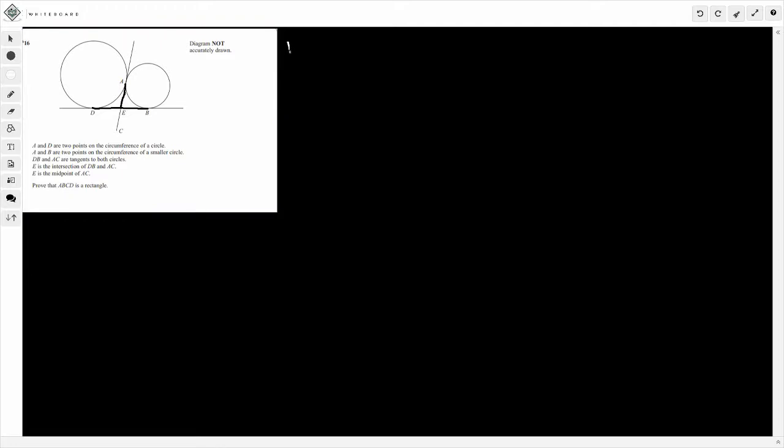Well, we know DE is equal to AE. That's what we established just a second ago with the tangents being from an external point. And we also know that AE is equal to EB, because they're tangents from a point again, and we already established that AE is equal to EC, because C is the midpoint, so they must be the same length.